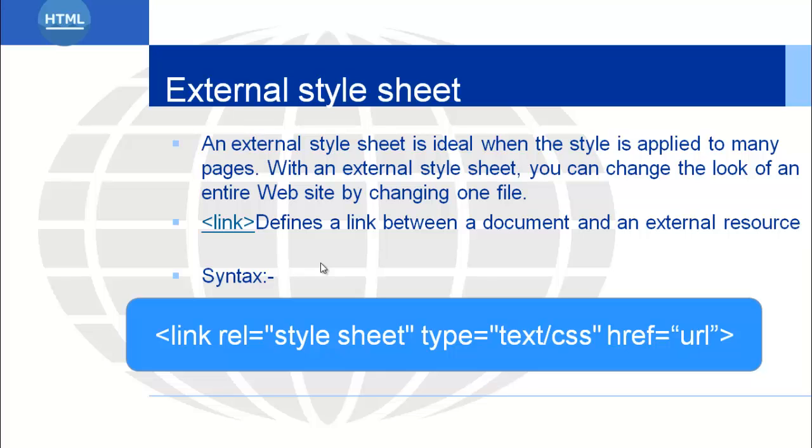With an external style sheet, you can change the look of an entire website by changing one file. This is the syntax: link rel style sheet, type equals to text slash css, href. Here you should give the reference of the URL of your CSS file.